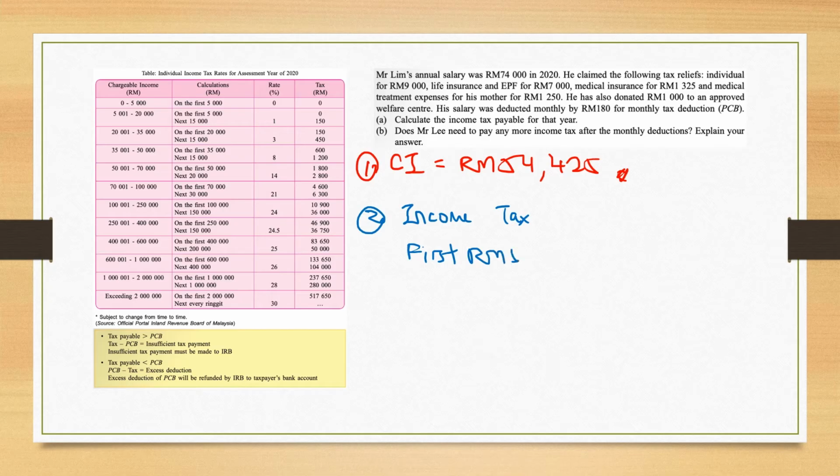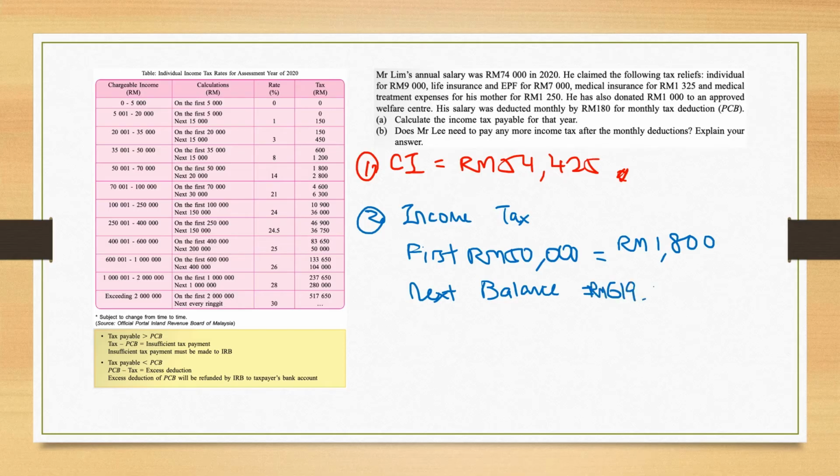First 50,000 equals 1,800 ringgit, and then next balance would be 619 ringgit and 50 cents right here. There you go. Now moving on, we need to calculate our tax rebate. Let me just rewrite that.